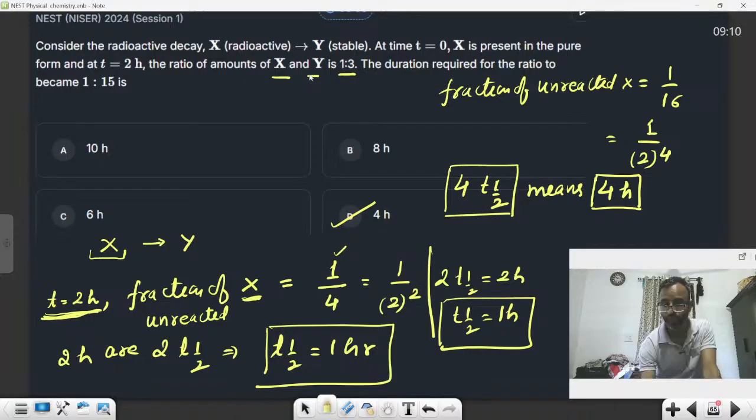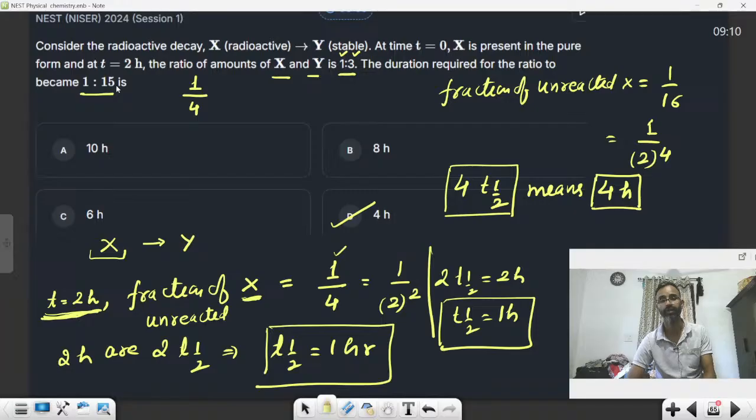See, what is fraction? Fraction means amount of that component divided by total. So x is 1, y is 3. So what is total amount? Same is the case here. 1 is to 15. X is 1, y is 15.